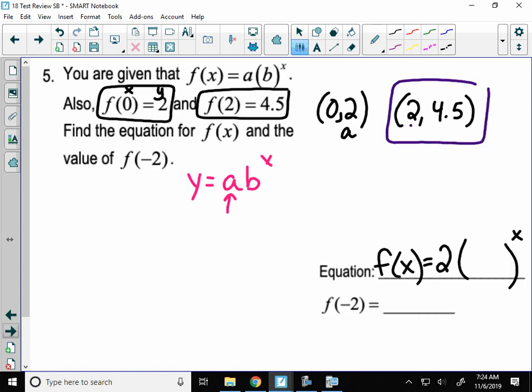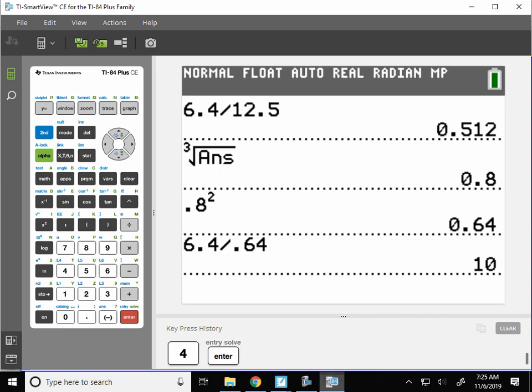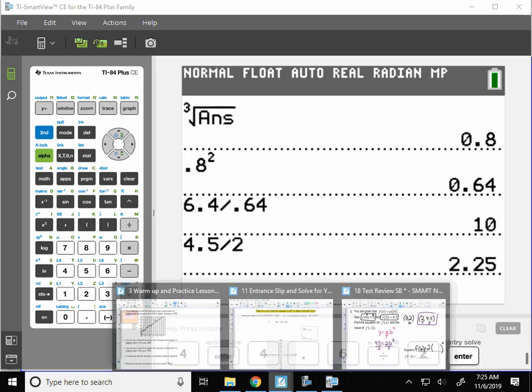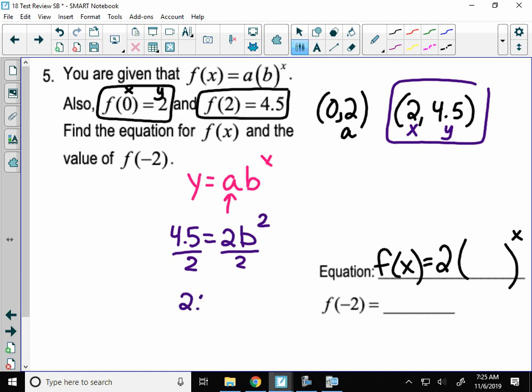I'm going to use this 2 as the x, 4.5 is the y. So I'll use 4.5 equals my a. I don't know what b is, but I know the exponent is 2. So I'm going to solve this for b. Divide by 2. So I have 4.5 divided by 2, which is 2.25, equals b squared. And then I just take the square root.